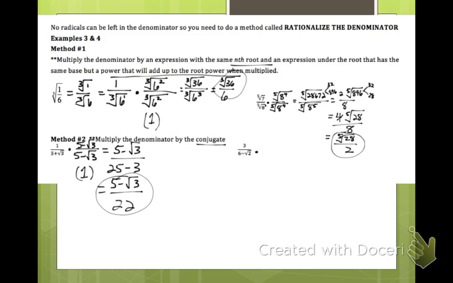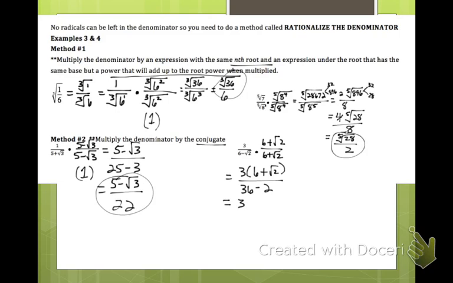Here, we'll take 6 plus the square root of 2, multiply top and bottom. So we'll have 3 times 6 plus the square root of 2. And then the bottom we'll get 36 minus the square root of 2 squared, which is 2. So we don't have to multiply that 3.